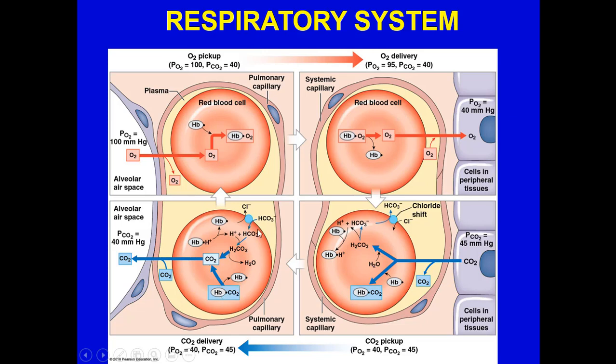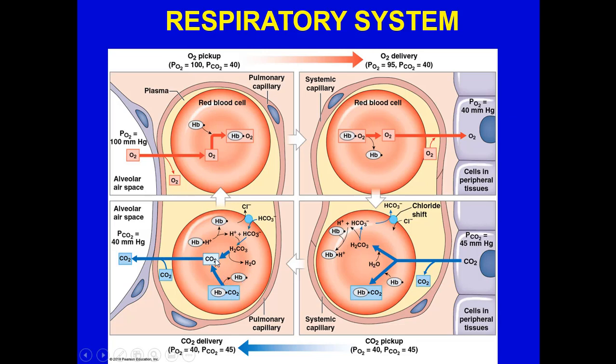You're going to have first bicarbonate brought in, chloride pumped out. You will have the hemoglobin that binds to the hydrogen ion, freeing up the hydrogen. Hydrogen plus bicarbonate gives you carbonic acid, which then gets converted to carbon dioxide. The water stays where it's needed to, and you have carbaminohemoglobin here.